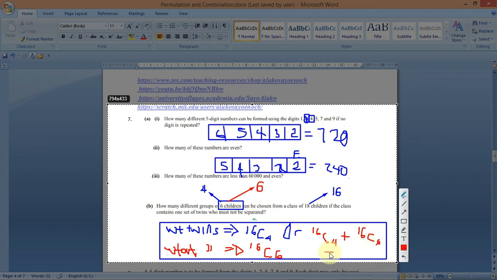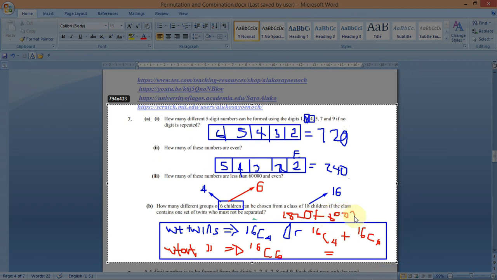And the final answer will be what? I can take my calculator now. 16 shift combination 4 equals 1820. Let me just write it. 1820, then plus 16 combination 6. 16 combination 6 is 8008.